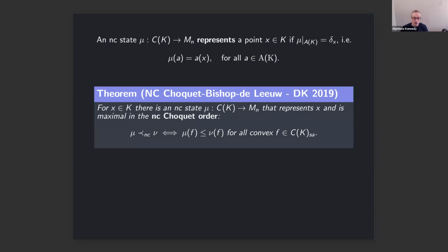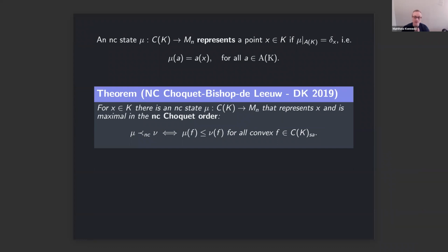There's a natural notion of convex function, which I just defined. And this leads to a natural notion of an NC Choquet order in this context. So for X in K, we can show, and this is a non-commutative version of the Choquet-Bishop-de Leeuw theorem, that every point has a maximal representing state.